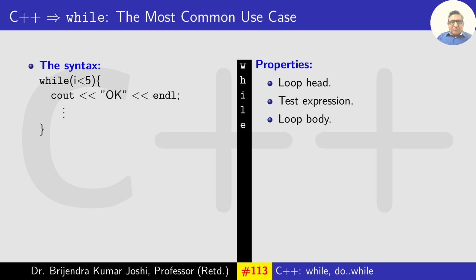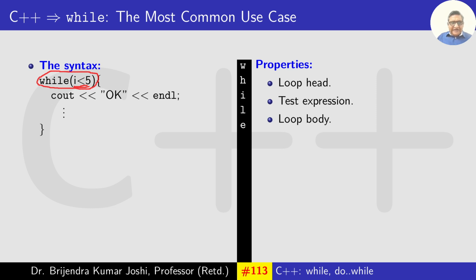Then the most common use case. Here is the test expression. This is the loop head, from this point to this point, and this is the test expression, assuming that i has been declared before entering this while loop. If this test expression evaluates to true, meaning if i is less than 5, it will evaluate to true, otherwise false.